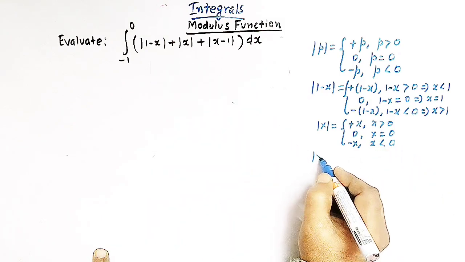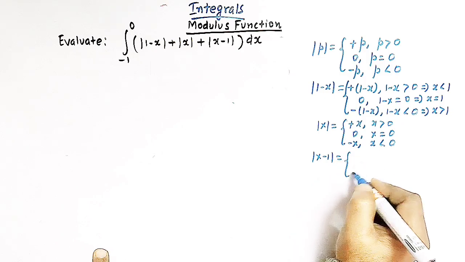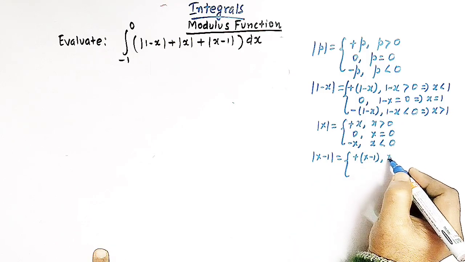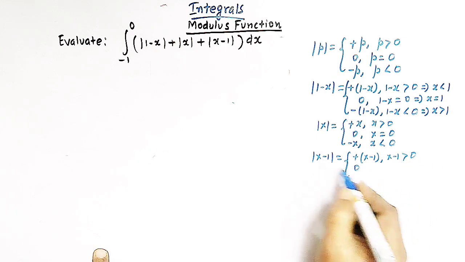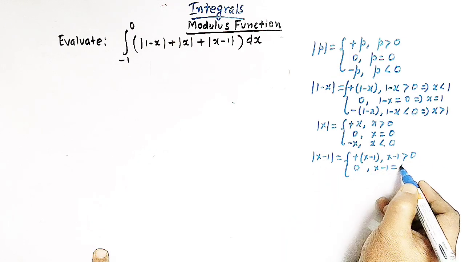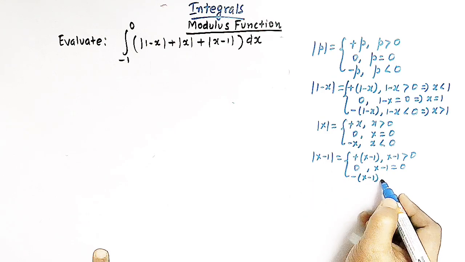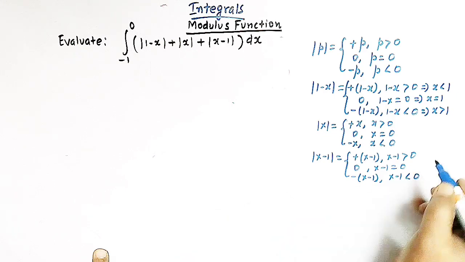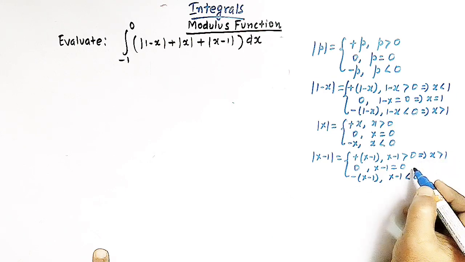And similarly we can write mod of x minus 1, that is positive x minus 1 whenever x minus 1 is greater than 0, and this is 0 whenever x minus 1 is equal to 0, and negative of x minus 1 whenever x minus 1 is less than 0. So from here we can see that x is greater than 1.